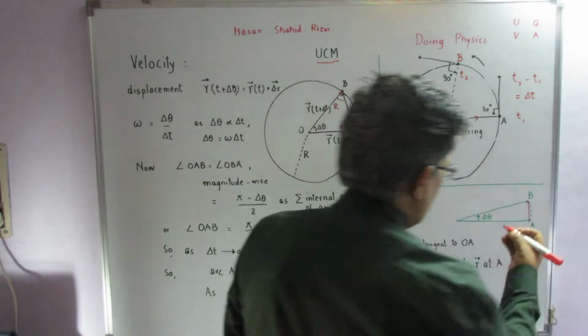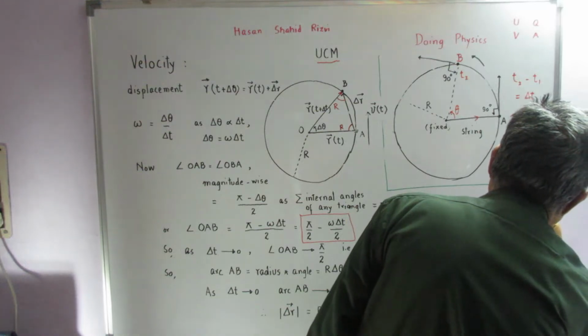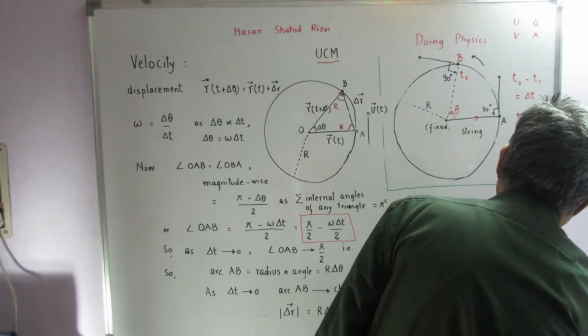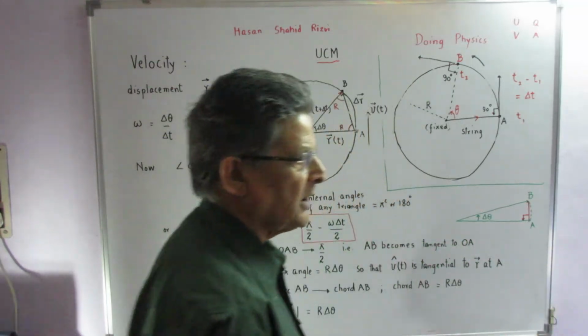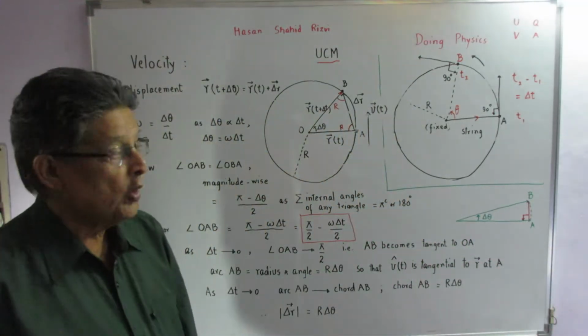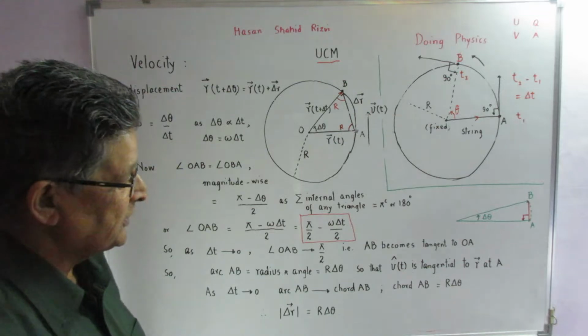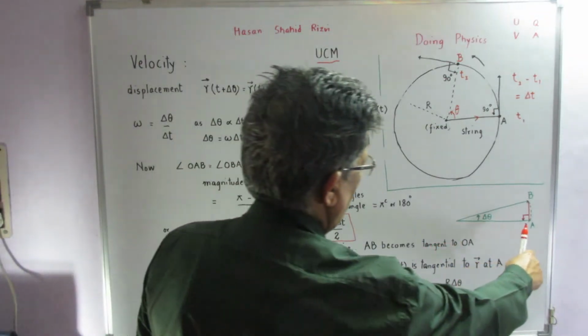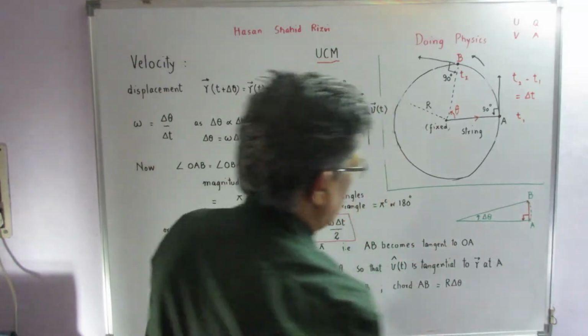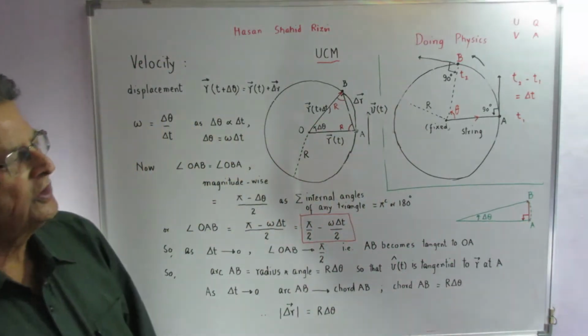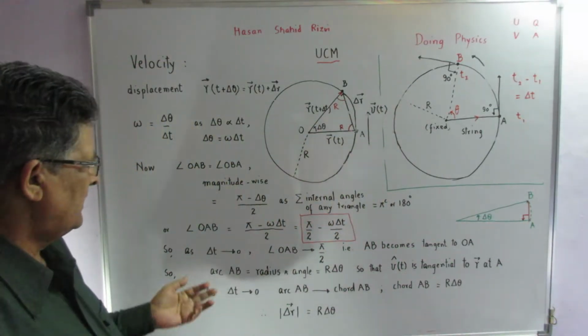So in the limit that delta t tends to 0, this angle becomes approximately equal to 90 degrees, which means that delta r is almost perpendicular.